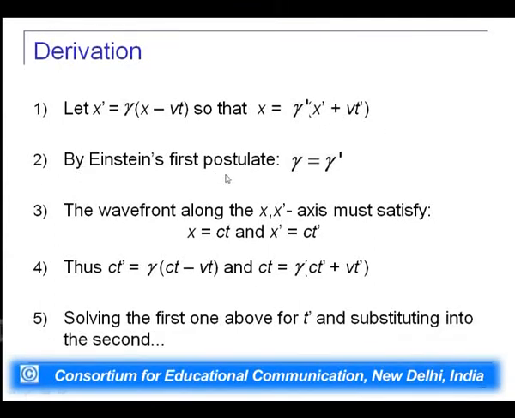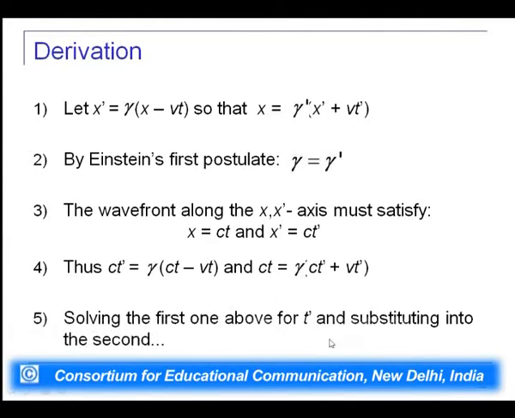Then by Einstein's first postulate, gamma dash is equal to gamma, which means both frames have the same value. The wavefront along the x dash axis must satisfy x equal to ct and x dash equal to ct dash. Thus ct dash is equal to gamma times ct minus vt, and ct is equal to gamma times ct dash plus vt dash, defined vice versa.